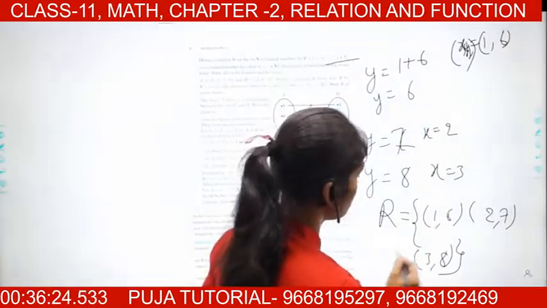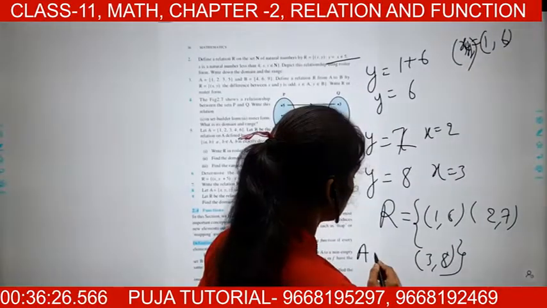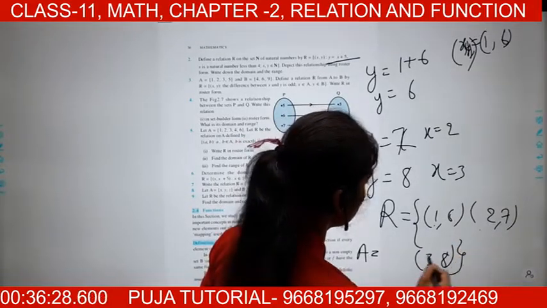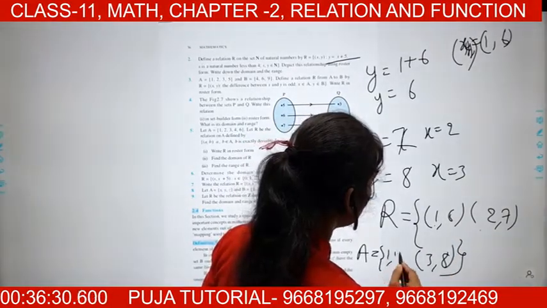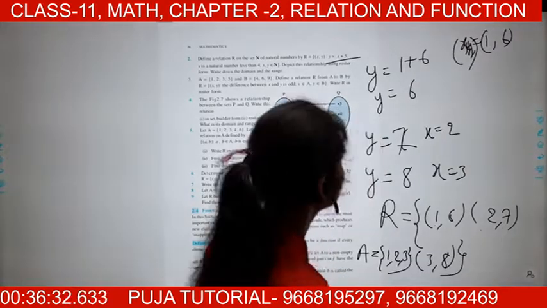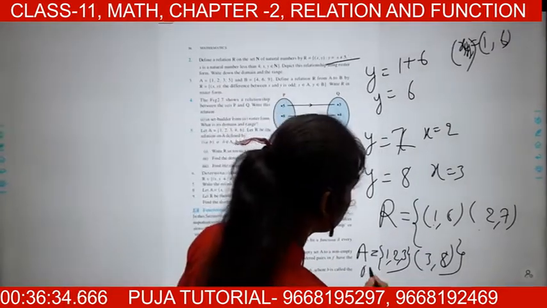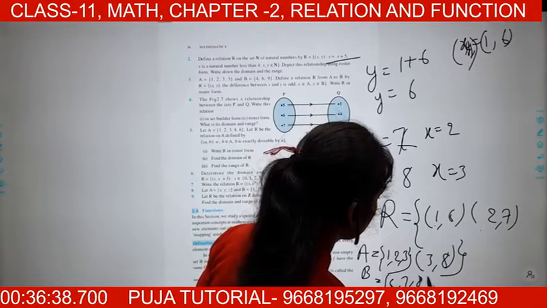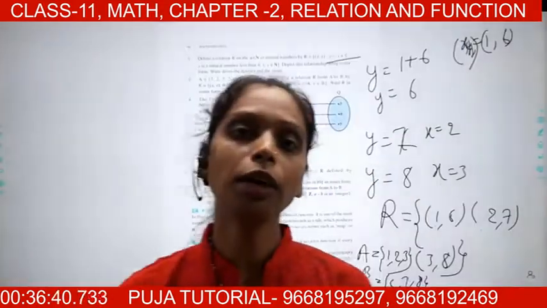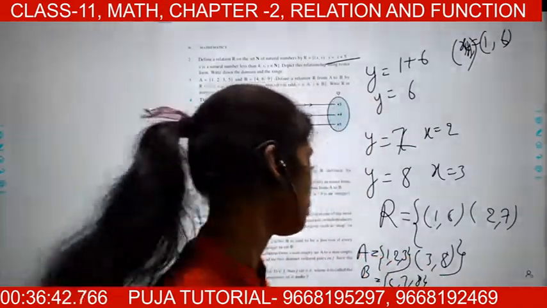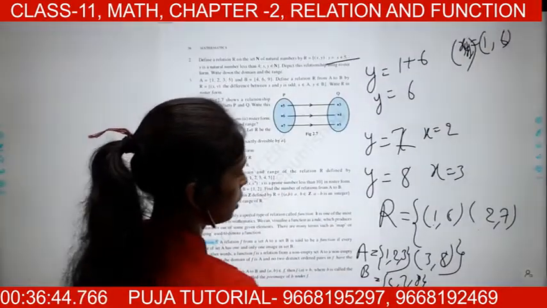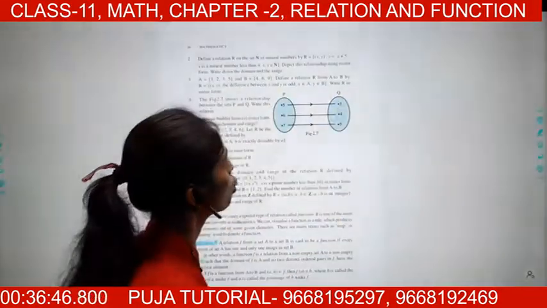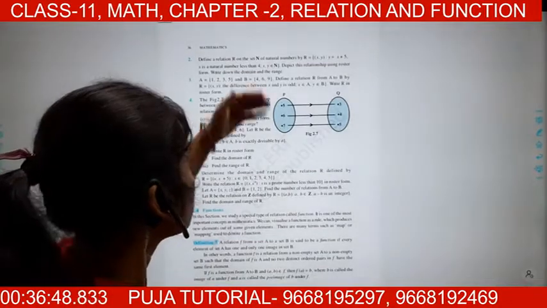The roster form is A equal to 1, 2, 3, and B is equal to 6, 7, 8. Then this is the way to find a relation, domain, codomain, and range. Next one is like this.